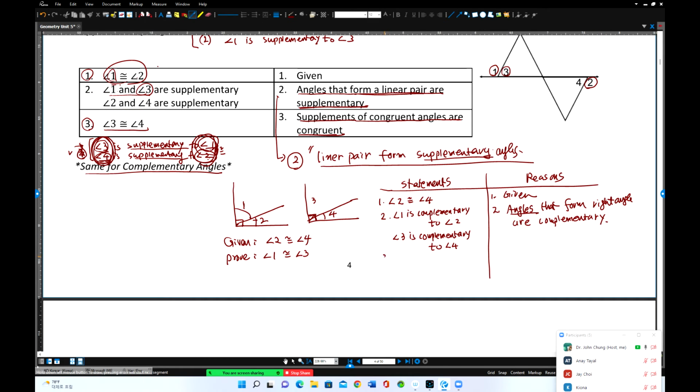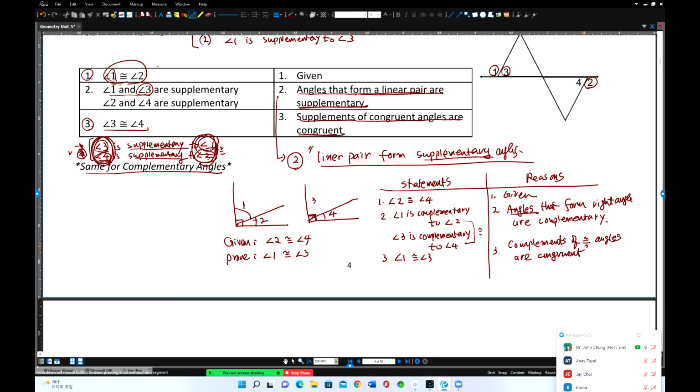Now, finally we can say angle 2, angle 4, these two angles are congruent. They are the complement, not supplementary, right? So angle 1 congruent angle 3. The reason is what? Complements of congruent angles are congruent. I'm going to use congruent, the word.